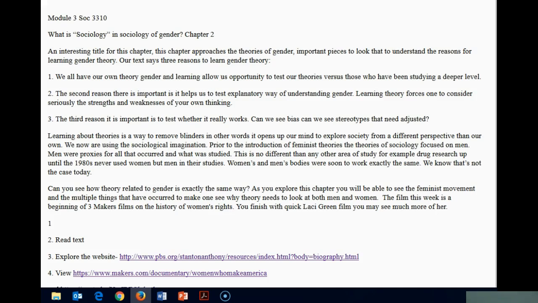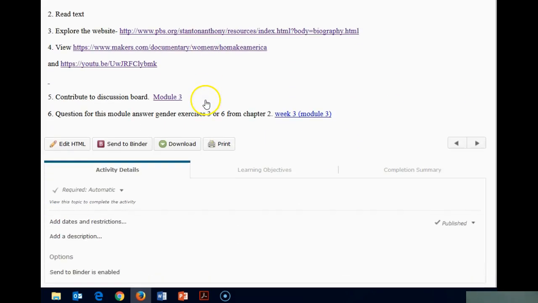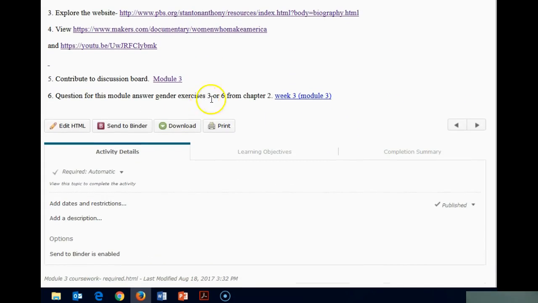And finally, if you choose to do your exercises for your 10 weekly assignments, you can choose from either exercise 3 at the end of the chapter or exercise 6.